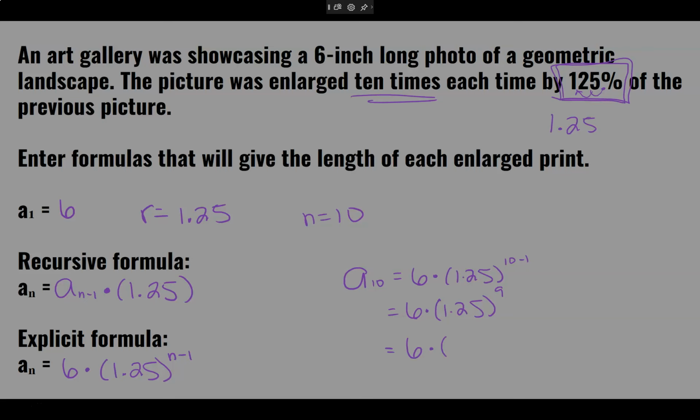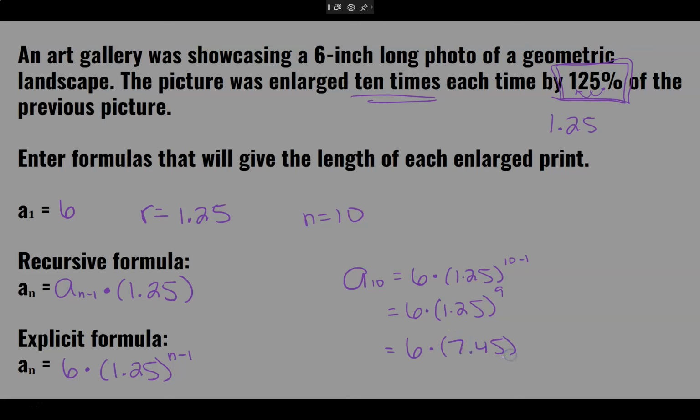Use your calculator. Is it this one? Well, no, because we want to do the power of 9. 7.45? 7.45.